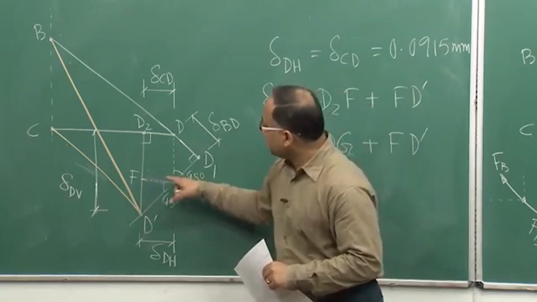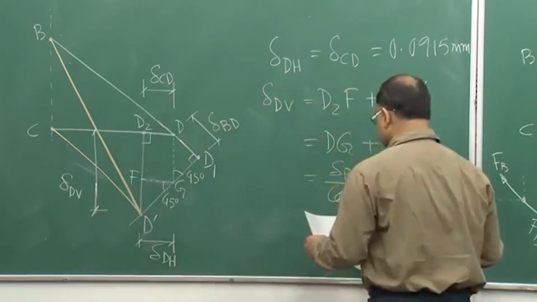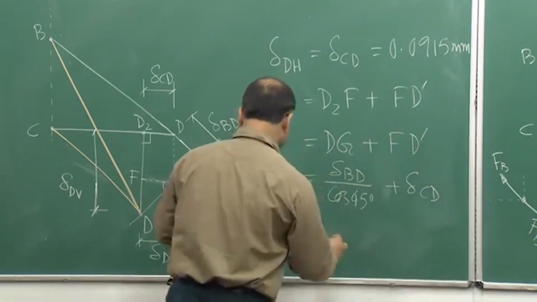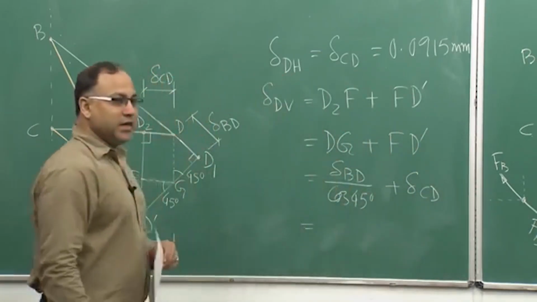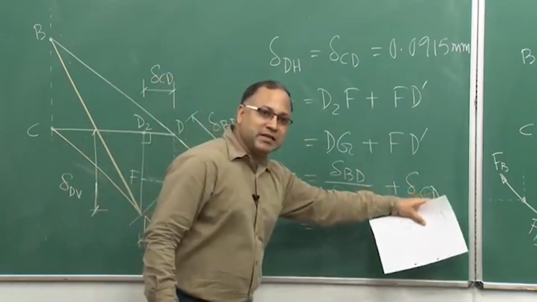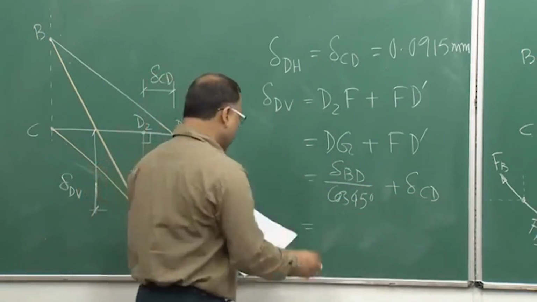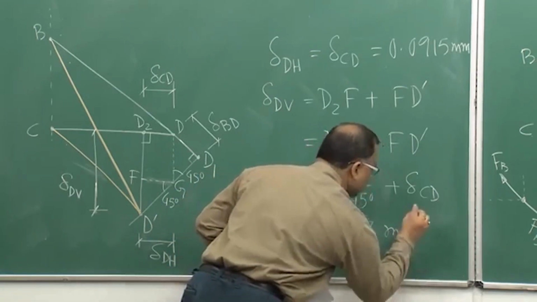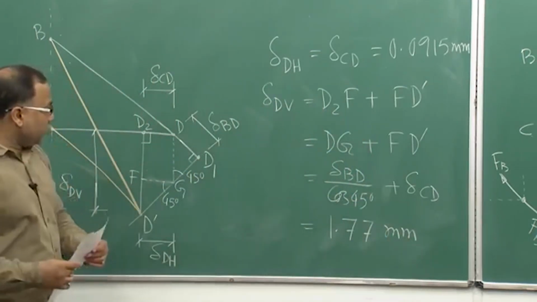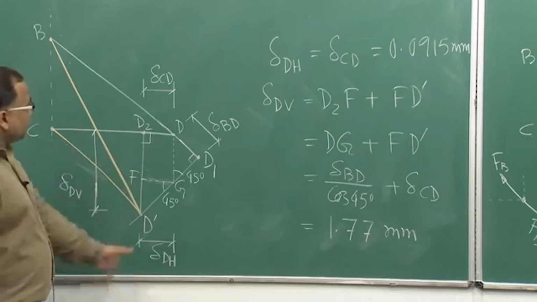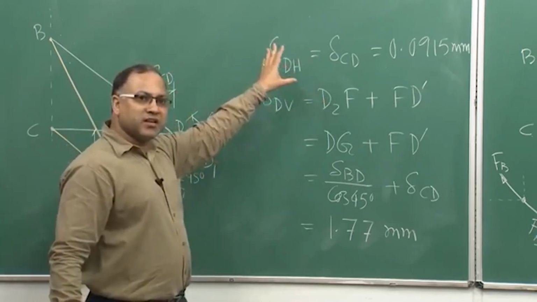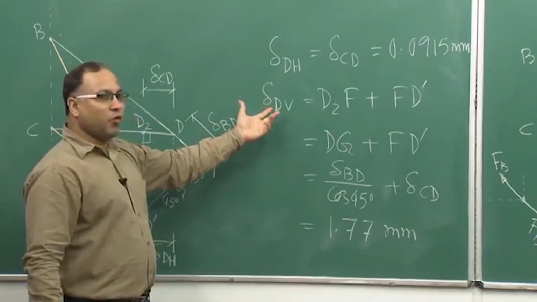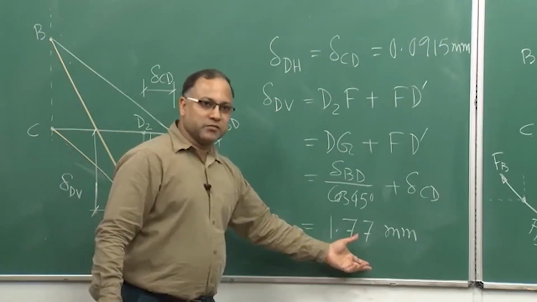Now, what is FG? FG is nothing but equal to delta CD. So, I can simply write delta CD. By putting the numerical values here, you know delta BD, you know delta CD, you will be getting 1.77 millimeter. So, what did you get? You got the horizontal displacement of point D is this much, and the vertical shift of point D is this much.